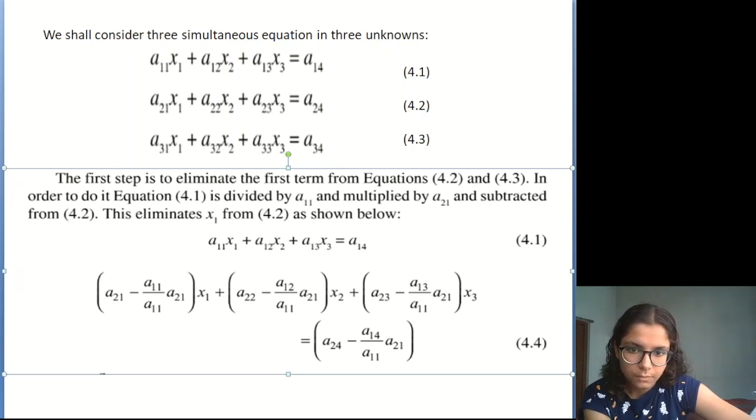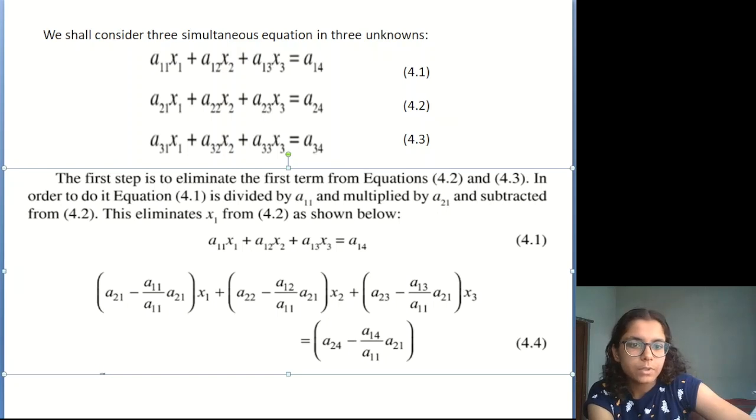As you can see, we have a11x1. We would eliminate this coefficient, and to do that we are doing this process, this equation that we have generated to eliminate the a11 equation.